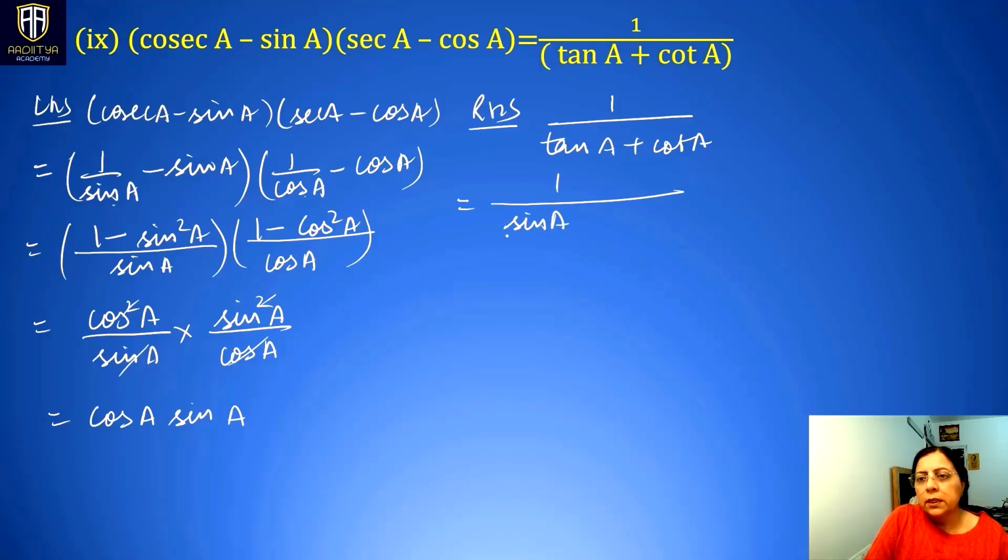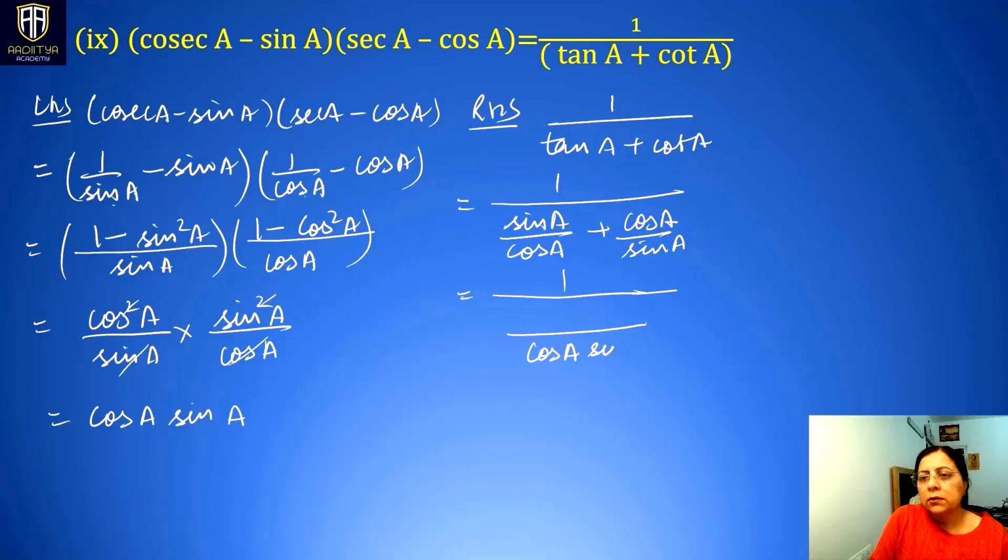This becomes sine A upon cos A plus cos A upon sine A. Right? So further what we can do is 1 upon, take the LCM in the denominator, which is cos A sine A.